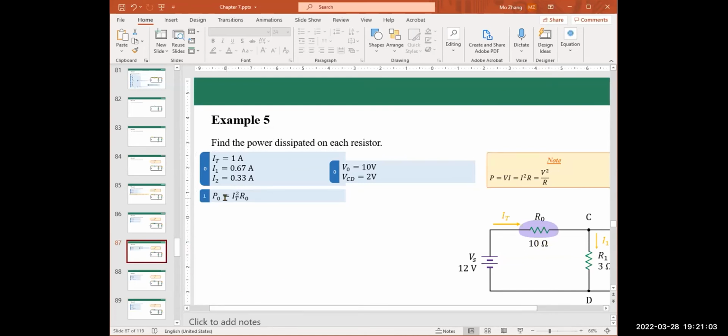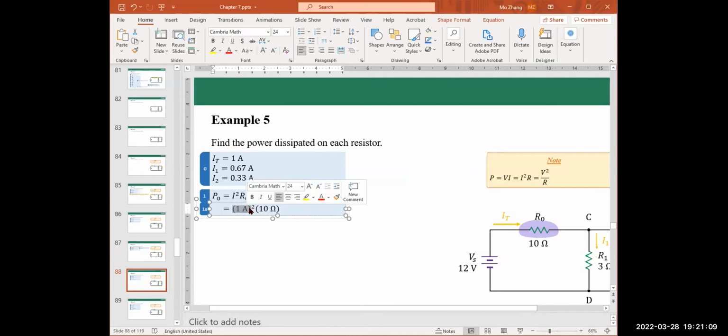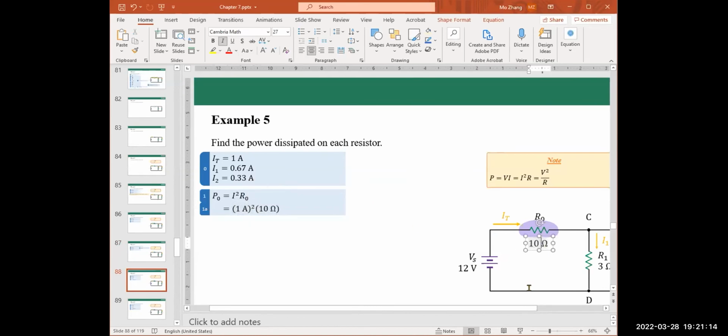So that formula becomes 1 amp squared multiplied by 10 ohm. 1 ampere current, but square it, and then after squaring it, multiply by the resistance 10 ohm. 1 squared is still 1, right? 1 times 10 is just 10.